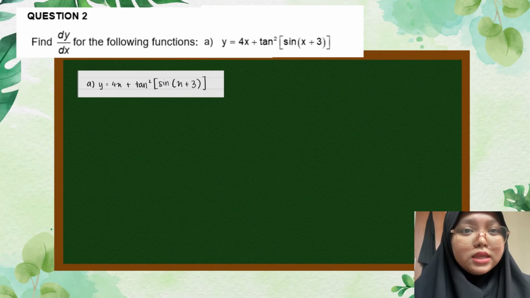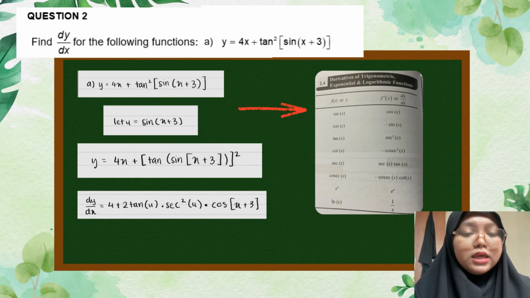For question A, first we need to rewrite the equation. So we write y equal to 4x plus tan to the power of 2 bracket sin x plus 3. After that, we need to let u equal to sin x plus 3.